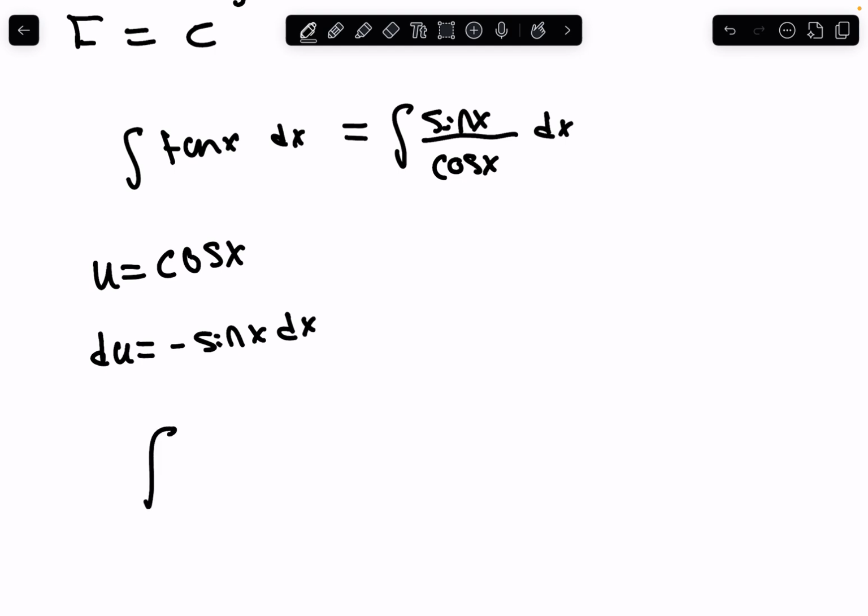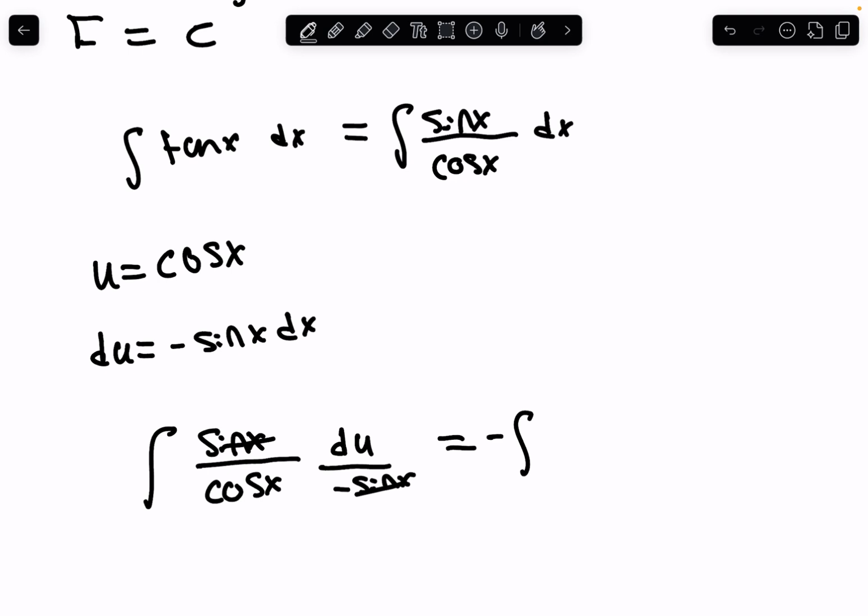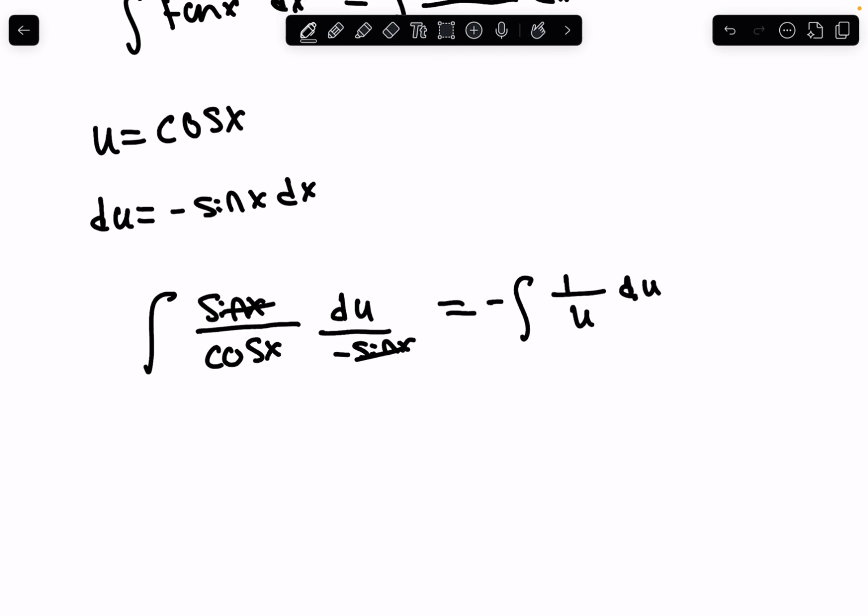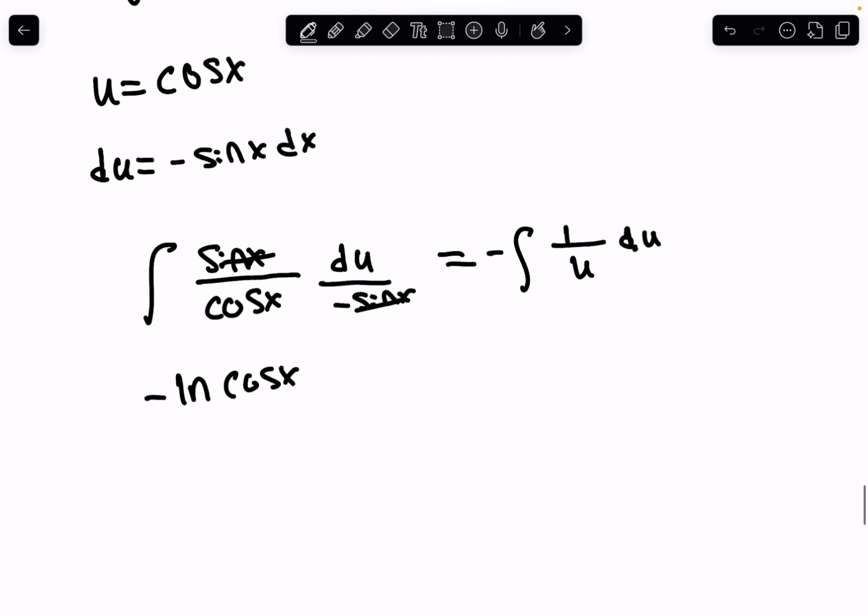So it becomes the integral of sine x over cosine x, and if you rearrange it will be du over negative sine x, cancel out, becomes negative the integral of 1 over u du. So it is simply negative ln cosine x if we substitute for u.